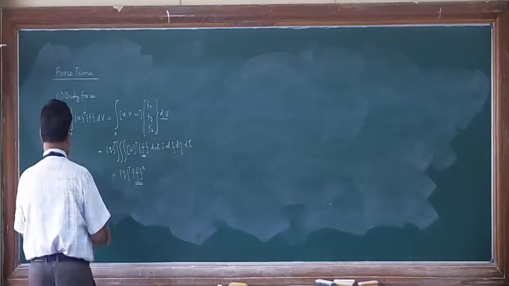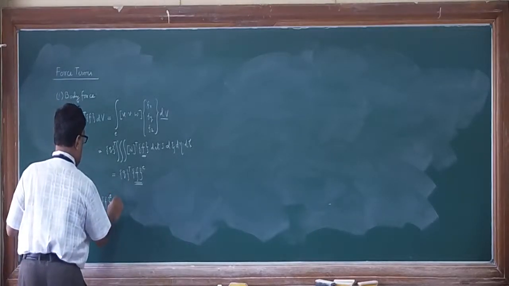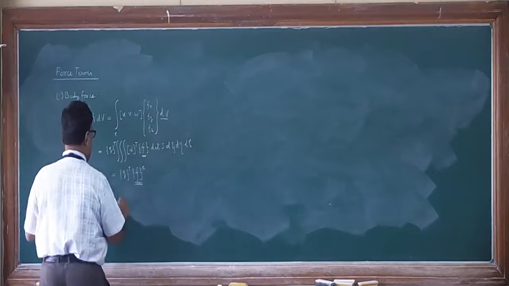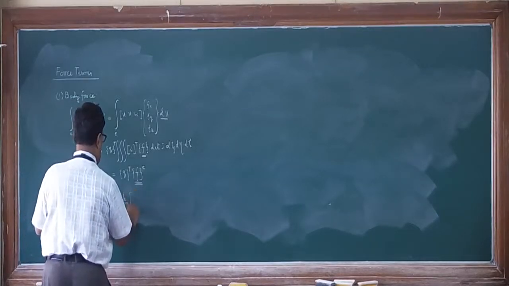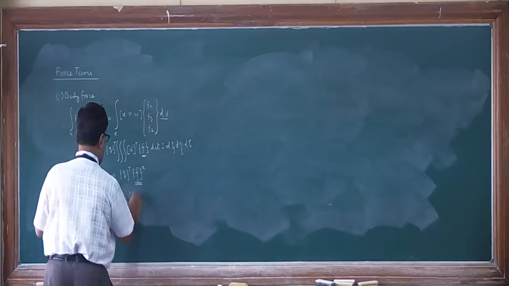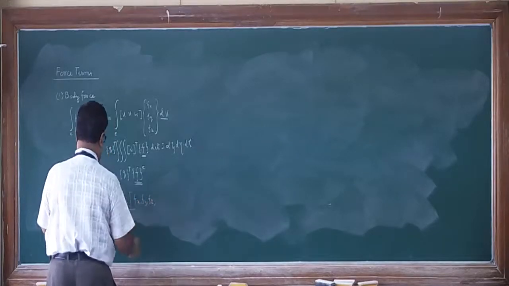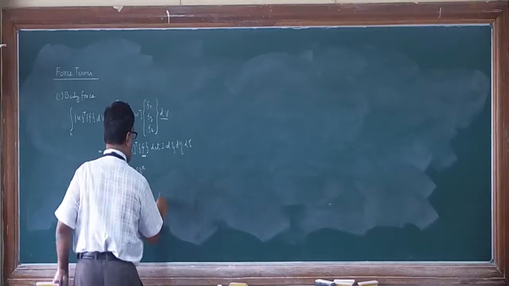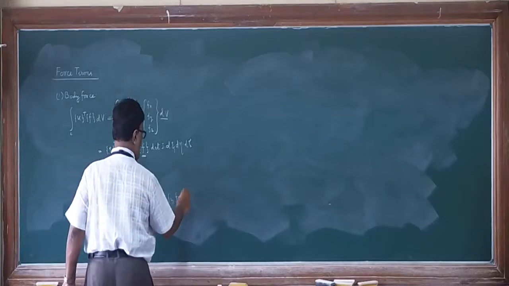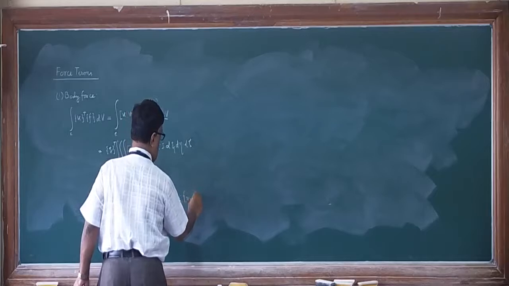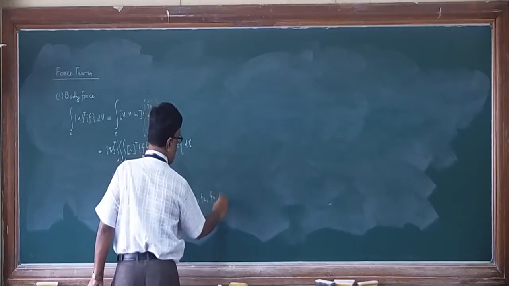So after integration, this body force vector for every element, how the load is getting distributed is Ve upon 4 into bracket Fx, Fy, Fz, for all the 4 nodes, Fx, Fy, Fz, Fx, Fy, Fz, Fx, Fy, Fz.